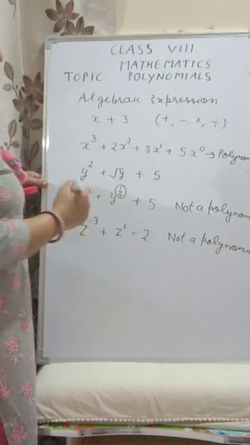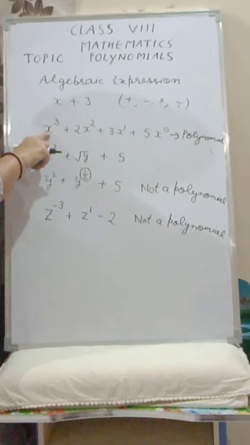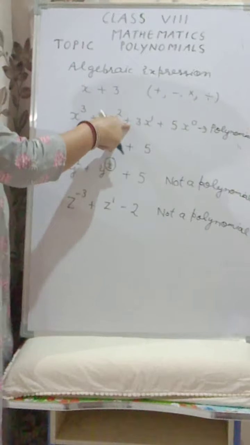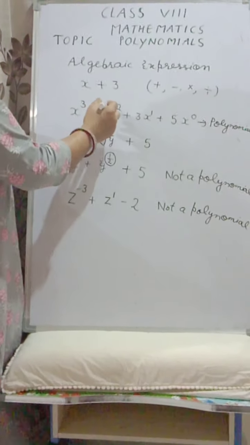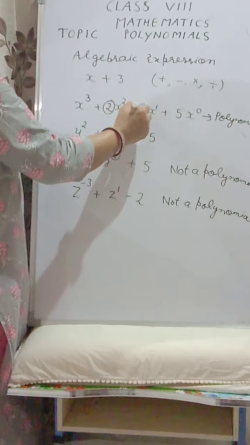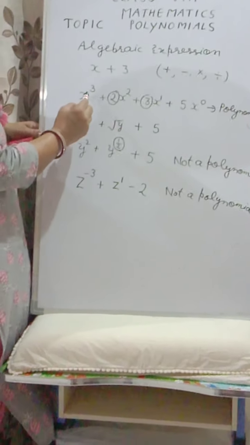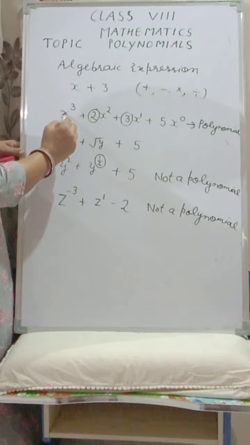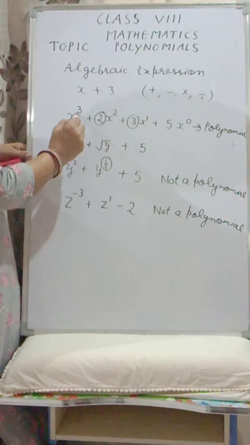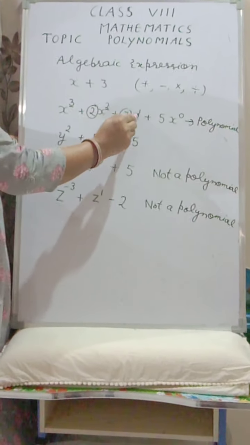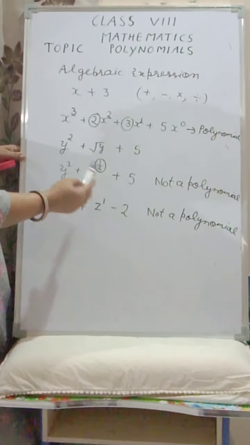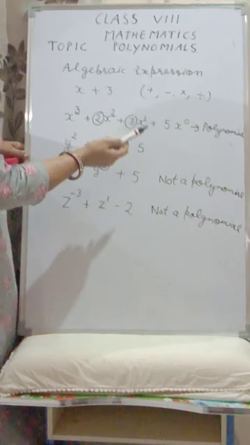You have to observe only the power of the variable, not this plus, this minus, or this coefficient. Only x raised to power 3, you have to observe this, not the coefficient 2.